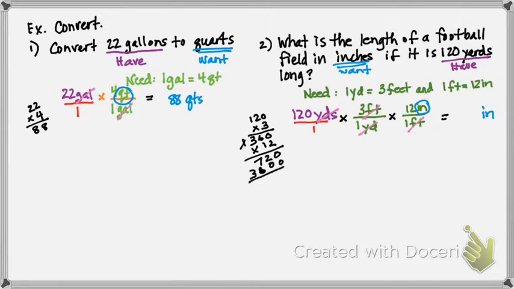Add up. Oh my Lord, look at that, will you? That's a lot of inches. We get that it's 4,320 inches long. Can you imagine having to measure the length of a football field and all you had was an inch to measure by?